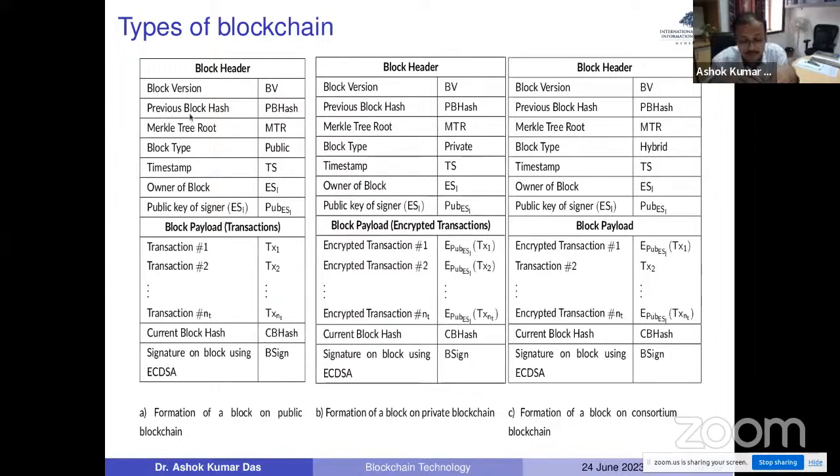We have the hash of the previous block. We have the Merkle root; a Merkle tree is a special kind of balanced binary tree, where the root contains the hash of all the transactions stored in the block.